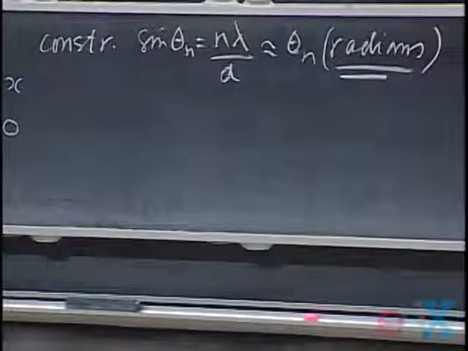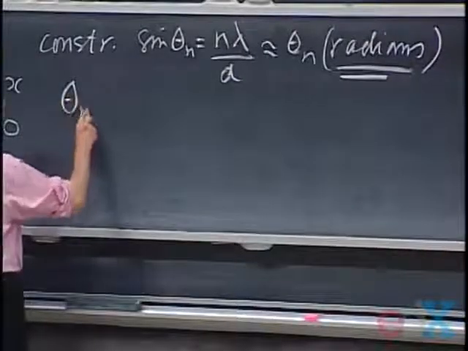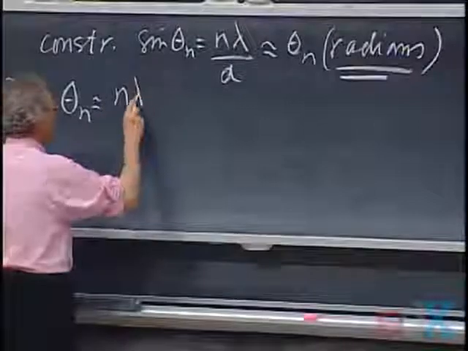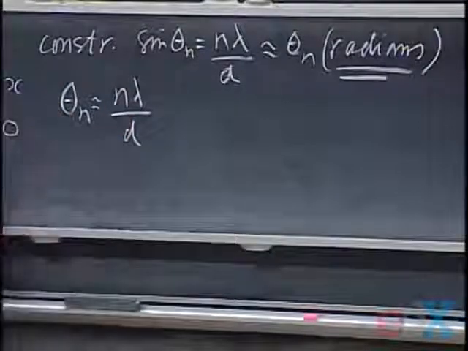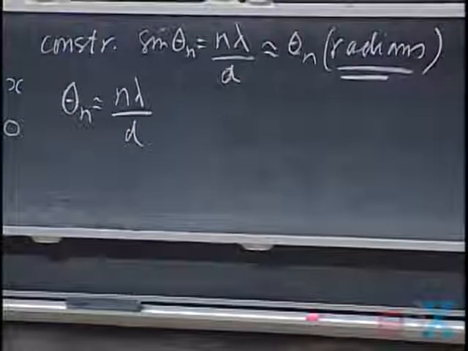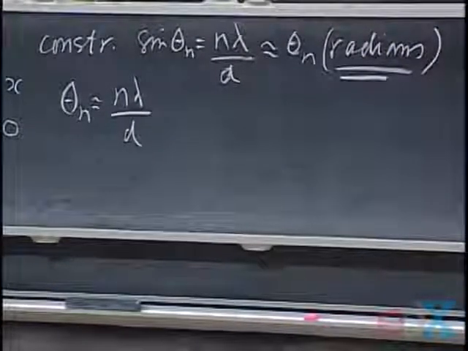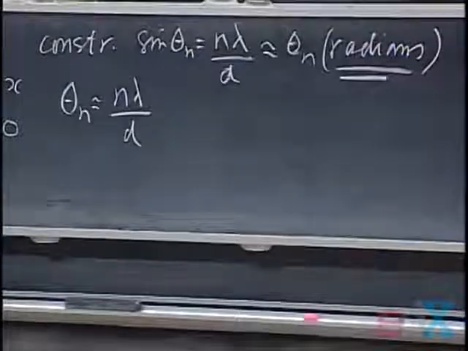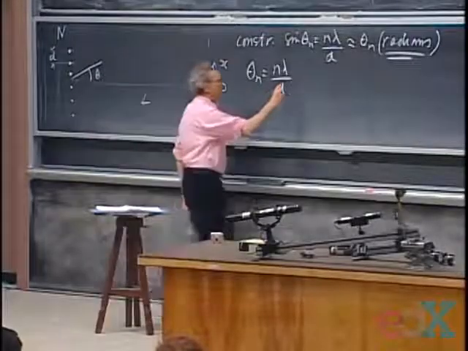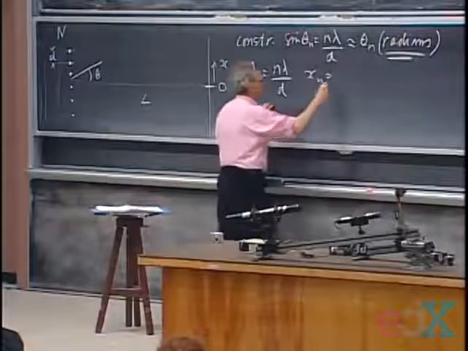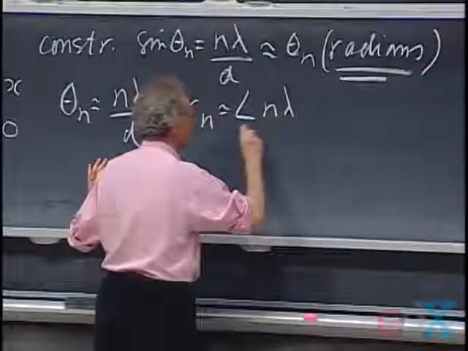And so the conclusion then is, if we work in radians for now, that theta n for the maxima is then at n lambda divided by d, n being 0 right here, n being 1 right here, n being 2 right there. And if you want to express that in terms of a linear displacement from 0, then x n, again, for small angles, is L times that number.